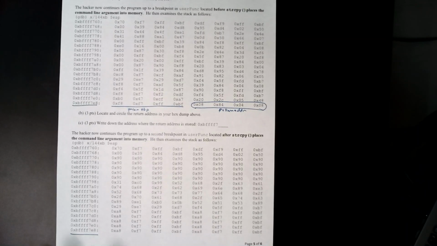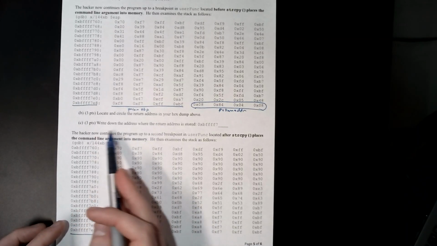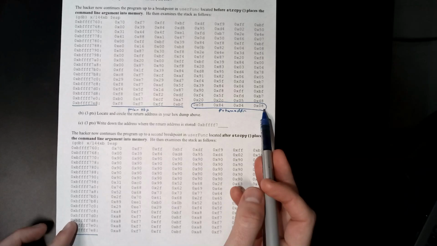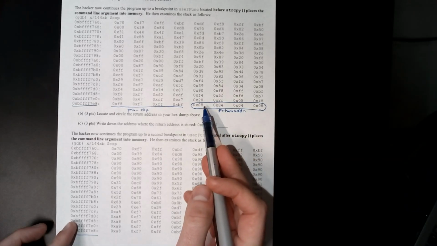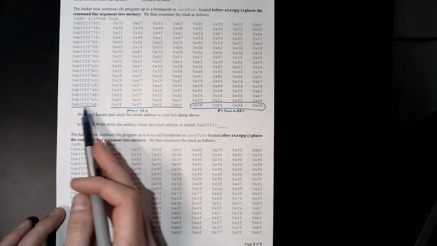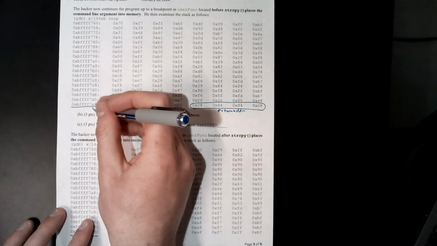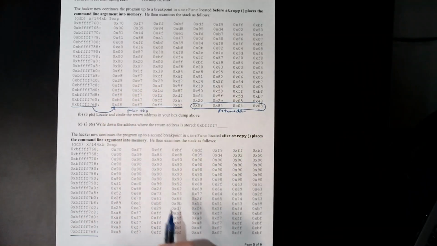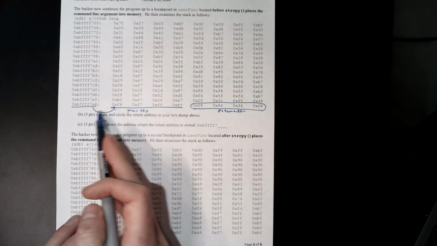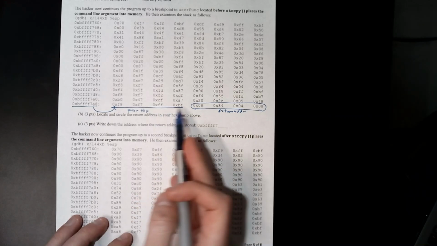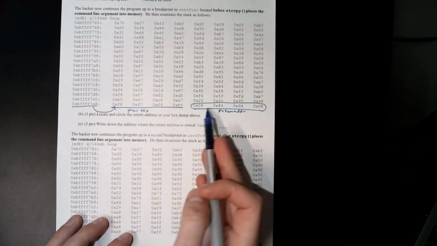Next, for part C: write down the address where the return address is stored. Well, we know what this is. That's our return address, so we just need to know the address of it. If we look over here, this is the address of that first byte, the address of F8. So 7E8 is here, 7E9, 7EA, 7EB, 7EC.